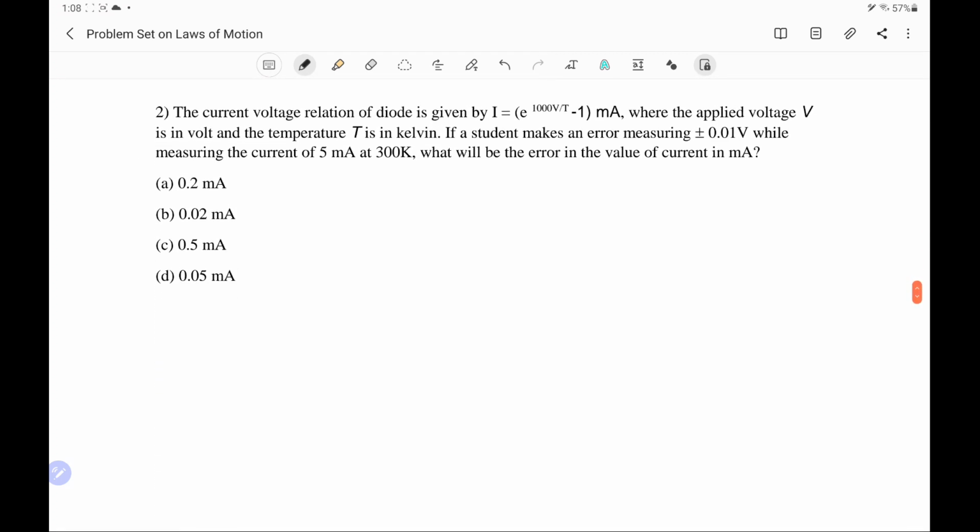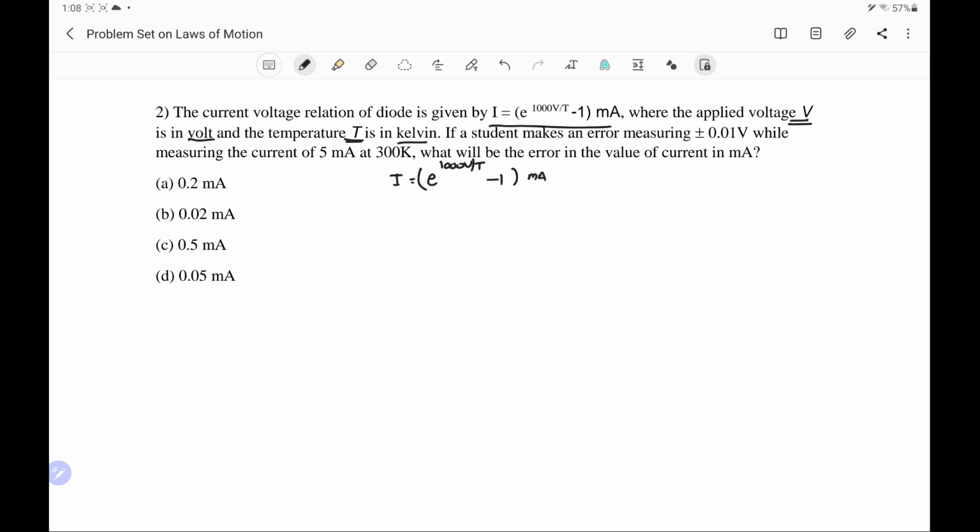The current voltage relation of a diode is given by I is equal to e raised to the power 1000 V by T minus 1 milliampere. This relation is given, where applied voltage V is in volt and temperature T is in Kelvin.